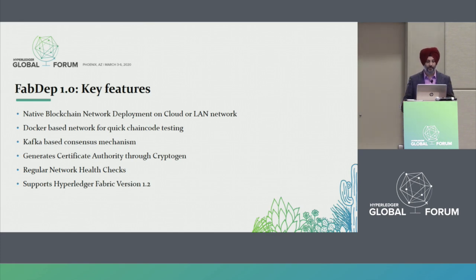We provided deployment on physical machines without using Docker and Kubernetes, a Kafka-based consensus mechanism, and for the certificates we were using Cryptogen. The first version supported Fabric 1.2.